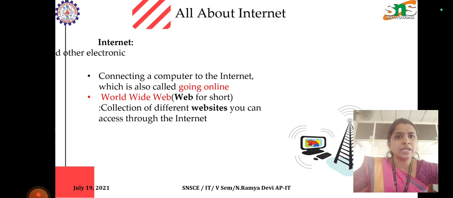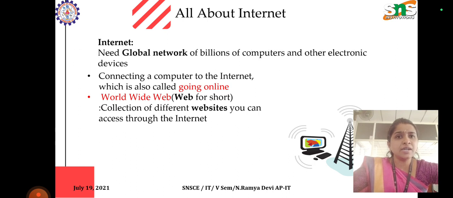So what is the internet? We need a global network. A system, if it is standalone, we cannot get any information from it. So we need a global network of billions of computers and other electronic devices connecting a computer to the internet.